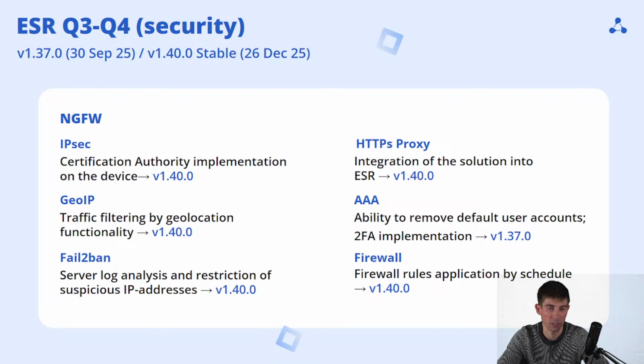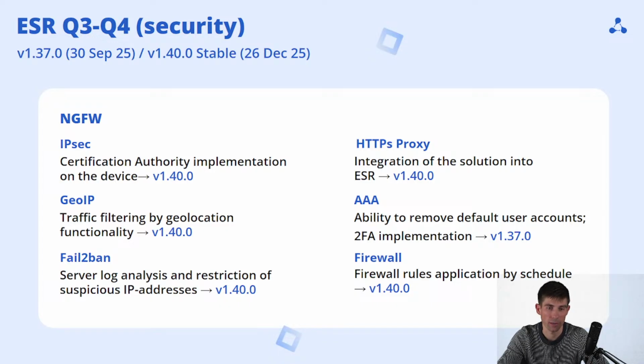And the idea behind it is basically to allow you to filter and restrict the access to your network based on the geographic location of the link, and this is to be released for initial testing towards the end of the year.